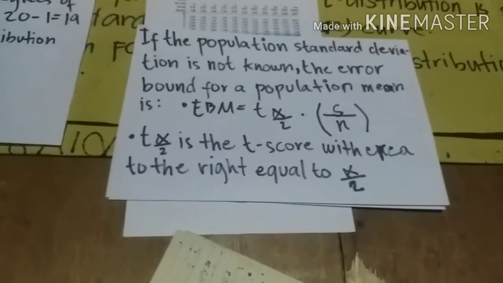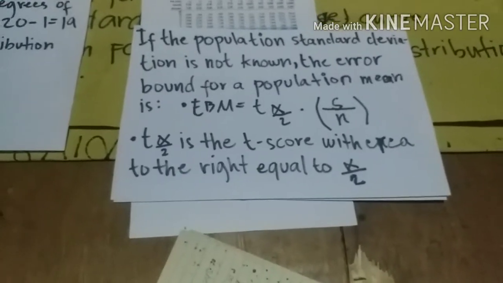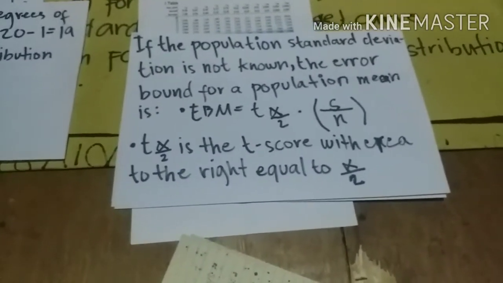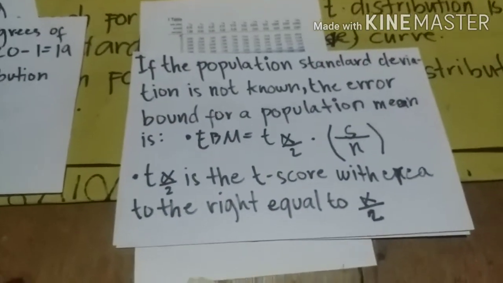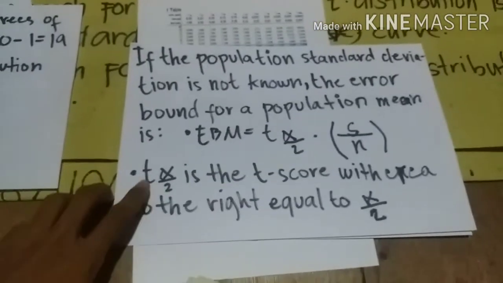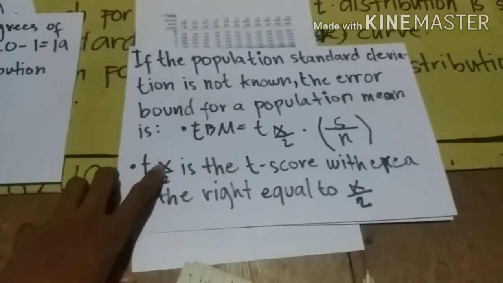So, ito na yung sinabi ko kanina na yung T distribution, yung T-score naman, ay kailangan mong hanapin pag halimbawa nakuha mo na yung sample size niya. Kailangan mong hanapin yung x bar at yung alpha all over 2, which is yung confidence interval niya.